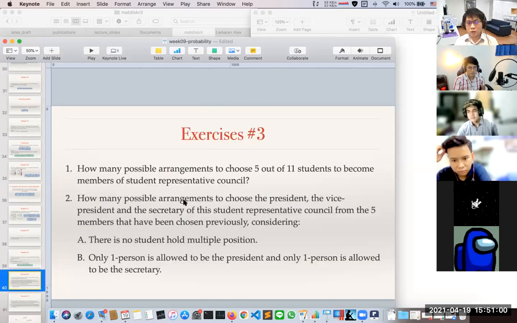Yeah. So as long as the condition here is met, is fulfilled, is satisfied, then for the others, it is safe for you, for example, to assume that there can be 3 vice presidents for this student council.